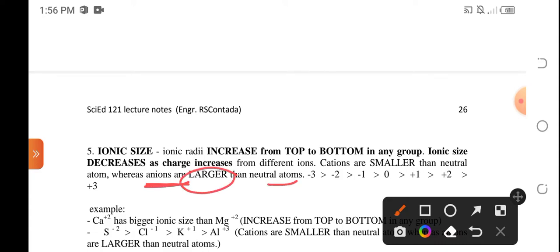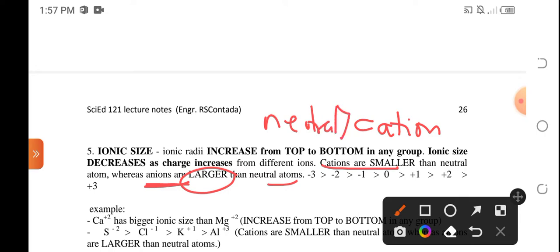So, paano ito? Ang pinakamaliit daw ay cation. Okay? Pinakamaliit siya, mas maliit siya sa neutral atoms. Yung neutral daw ay mas malaki ang ionic size kaysa sa cation. Pero si anion ay mas malaki sa neutral, so therefore, ang anion.